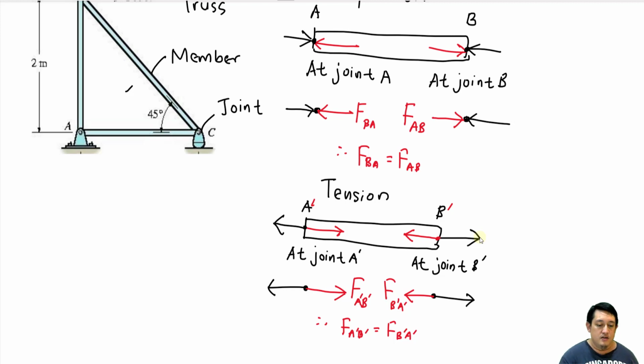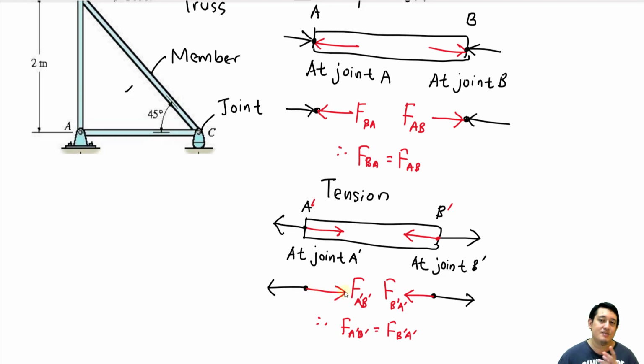Now you know about the condition when it is in tension and also compression. If you look carefully, when the member is in compression, the force of the member will be towards the joint. When it is in tension, the direction of the force will be outwards from the joint.